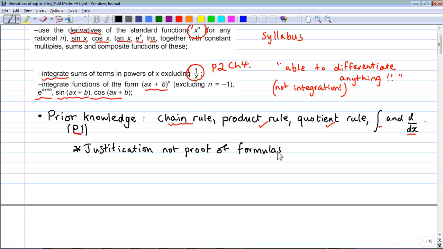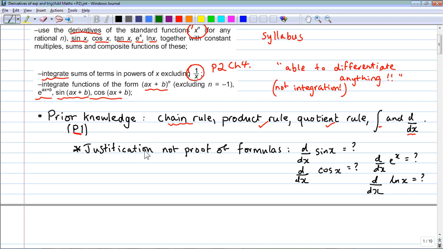And by the main formulas I mean the derivative of sin x, which we'll look at, cos x, and the derivative of e to the x, and the natural logarithm of x.